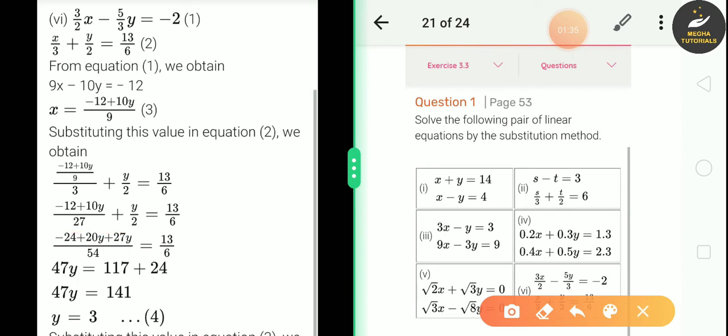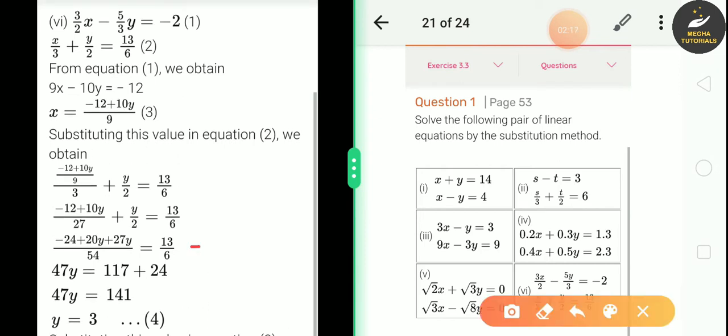So multiply this bracket with 2 and this bracket with 27. So we'll get minus 12 into 2 minus 24, 10 into 2 will give plus 20y, and 27 into y is 27y. So complete step is minus 24 plus 20y plus 27y upon 54 is equal to 13 upon 6.